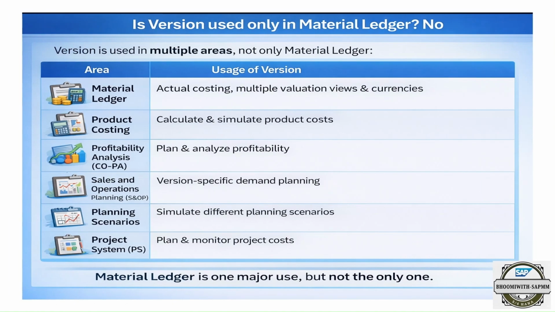Areas and uses of versions: material ledger, actual costing, multiple valuation views and currency; product costing, calculate and simulate product cost; profitability analysis, plan and analyze profitability; sales and operations, version-specific demand planning; planning scenarios, simulate different planning scenarios; project system, plan and monitor project cost.